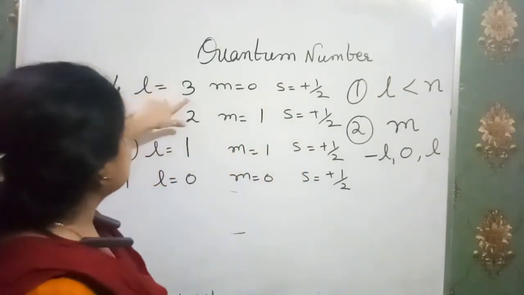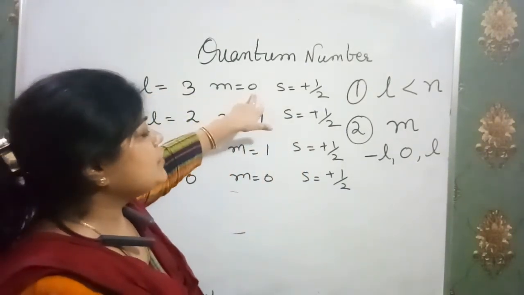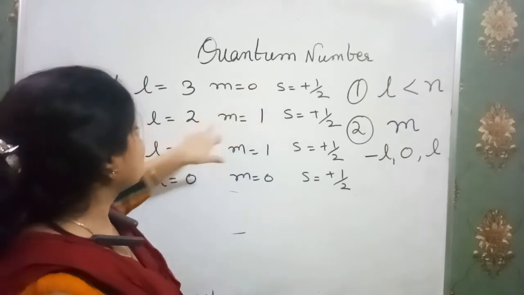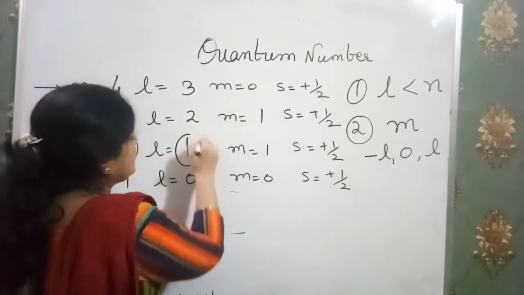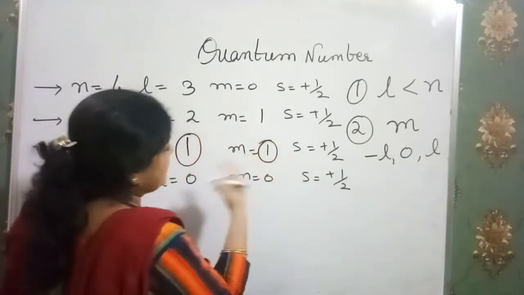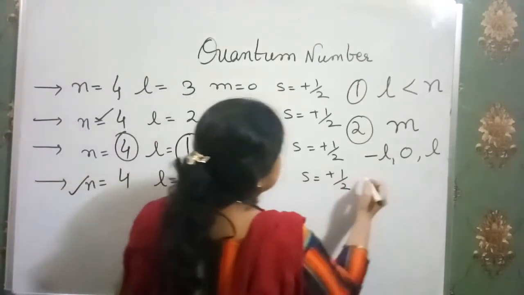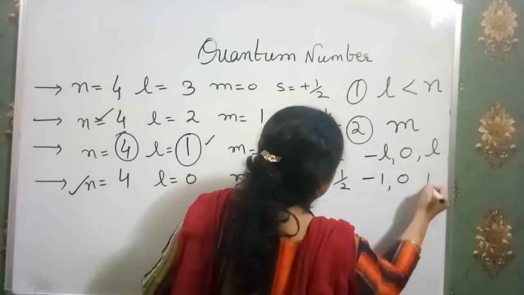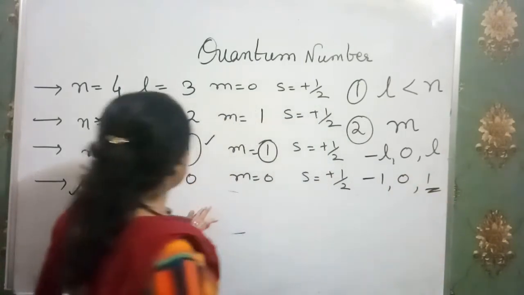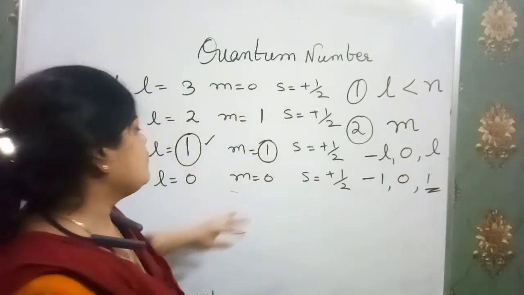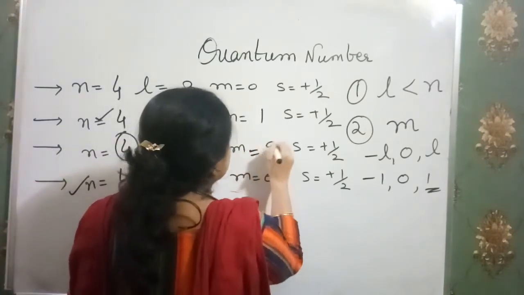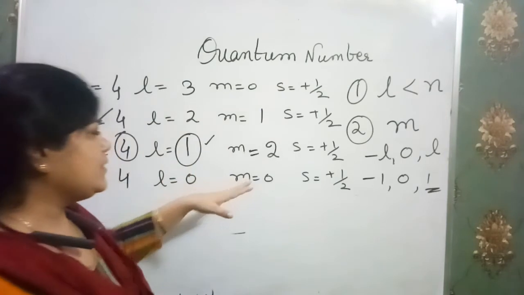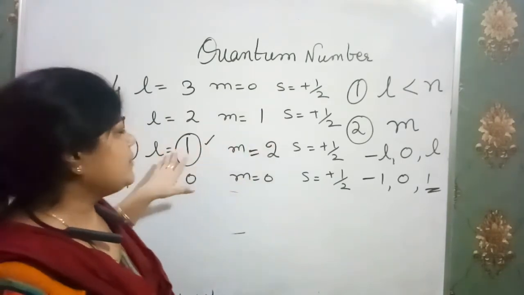Okay, now here we have 3 and 3, 0 is in the middle of -3 to 3. This is 1 and this is also 1. It can be possible because the value of L is 1, we have -1, 0 and 1. So the value of 1 is permissible here. When we have 0 then it is 0. For example, if 2 is written over here, it is not possible.